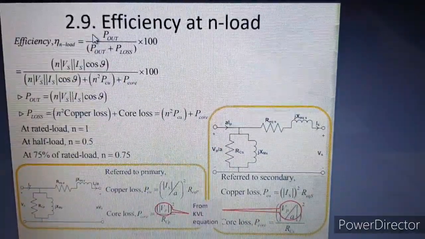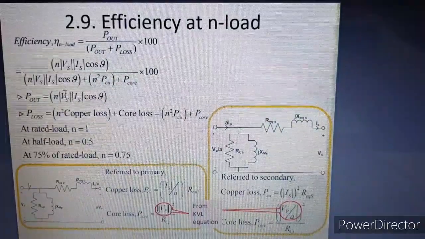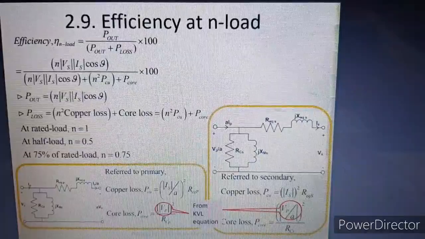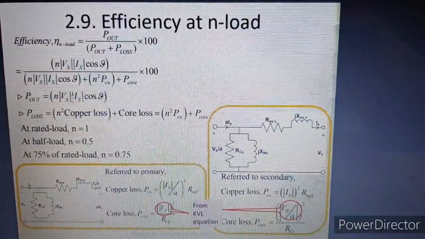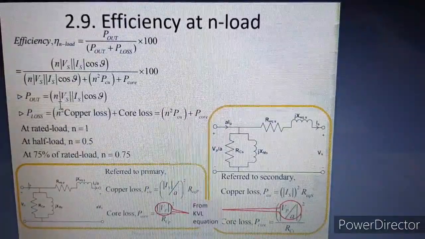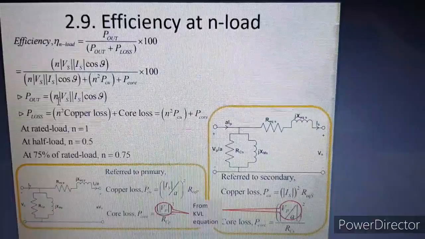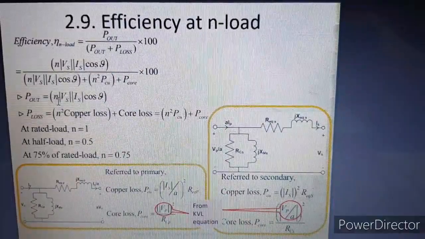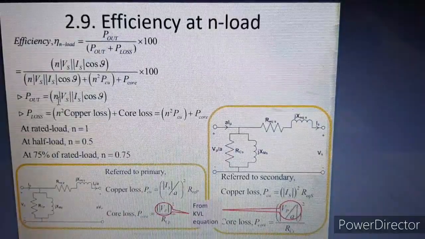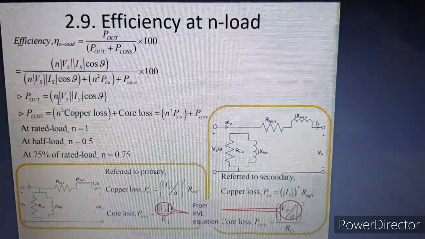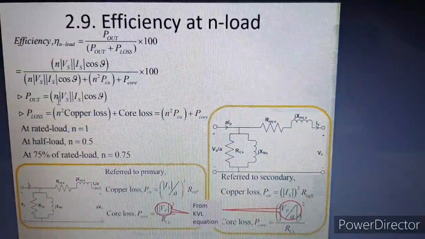So the formula for P out, the original formula is VS IS cos theta without 3, because your syllabus only covers single phase transformer. But again we have N here, because your transformer can be operating at any condition, let it be full load or 50% operated load or 80% operated load, we don't know.